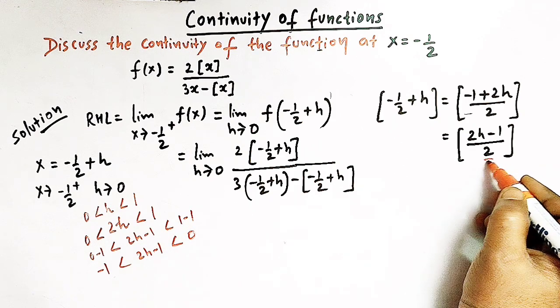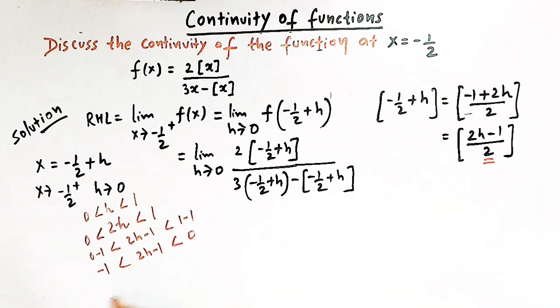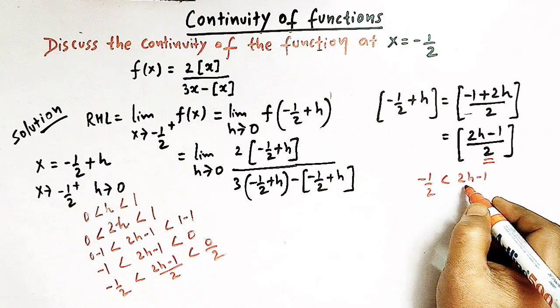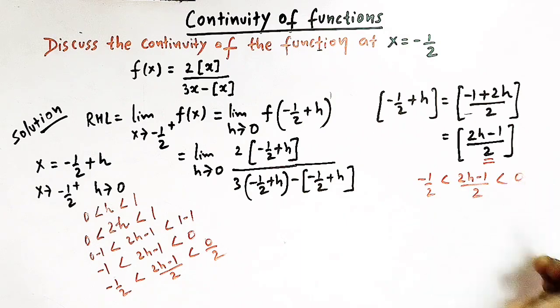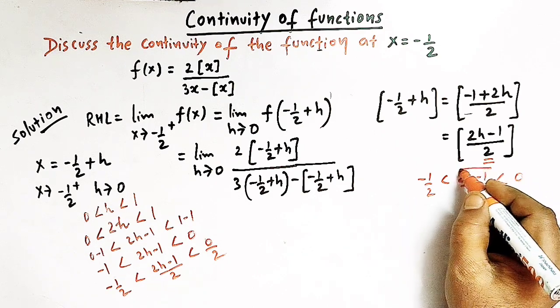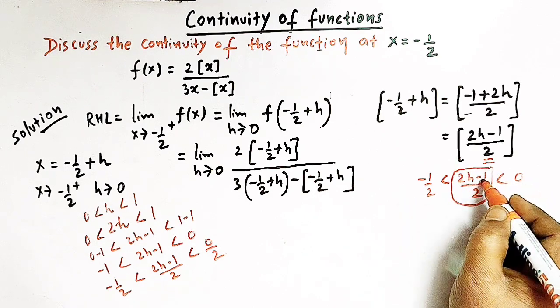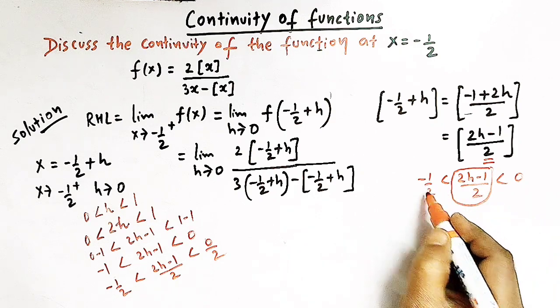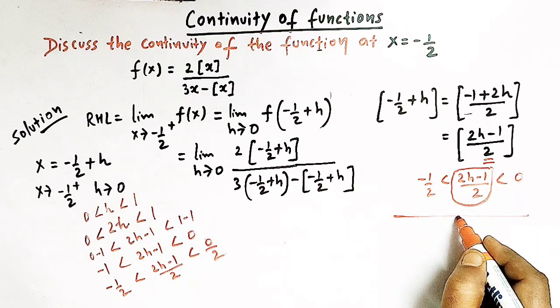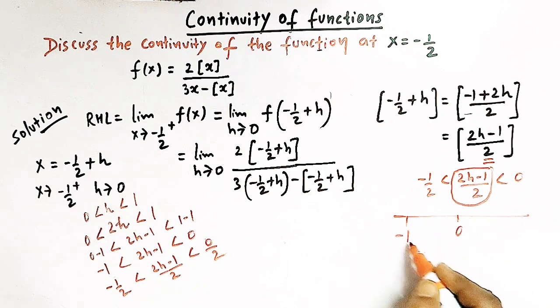So we have minus 1, 2h minus 1, and this is 0. And let us divide throughout by 2. We have minus half, then we have 2h minus 1 over 2, and here we have 0 over 2. So now we can write minus half, then we have 2h minus 1 over 2, and here we have 0. So from this inequality we can conclude that 2h minus 1 divided by 2 lies between minus half and 0, right? So here we have 0 and here we have minus 1.